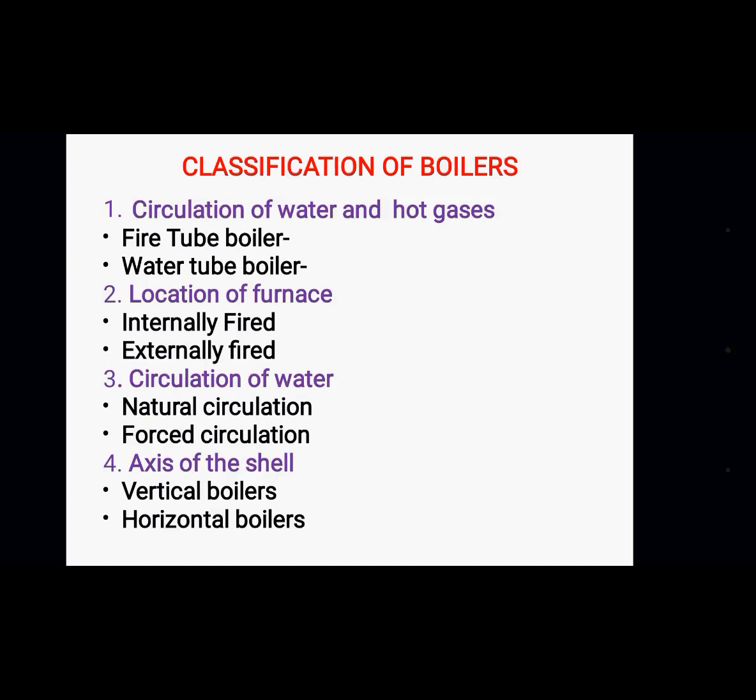Vertical boilers are small scale boilers, which can be easily placed with external support, whereas horizontal boilers are huge boilers which produce a very huge quantity of steam, which may not be able to withstand on its vertical axis.